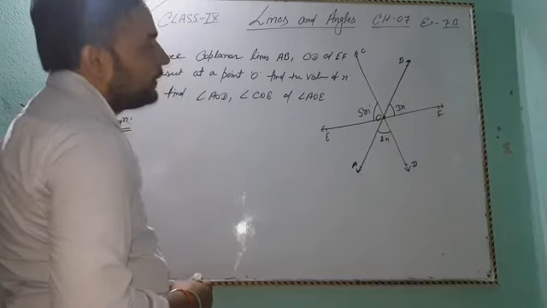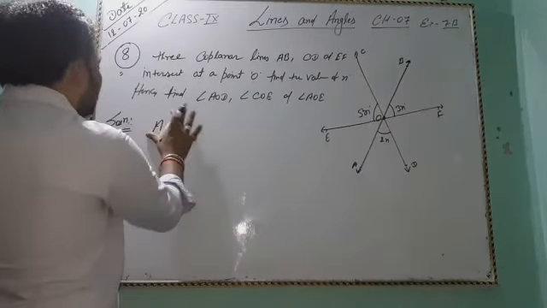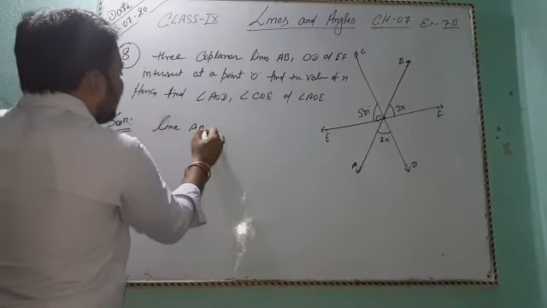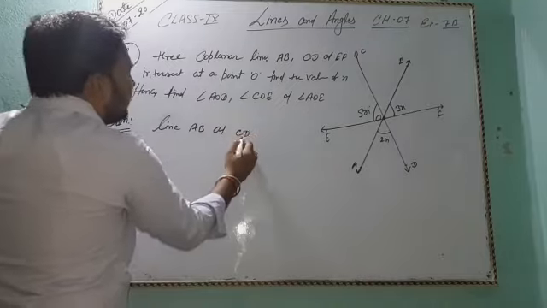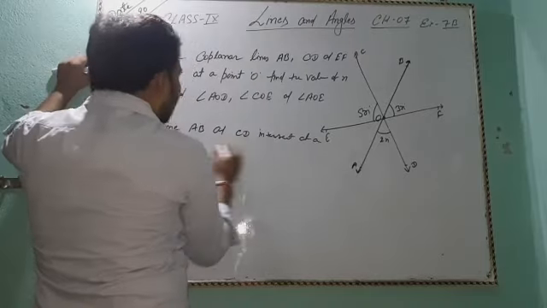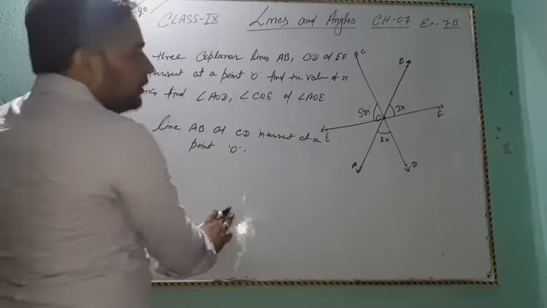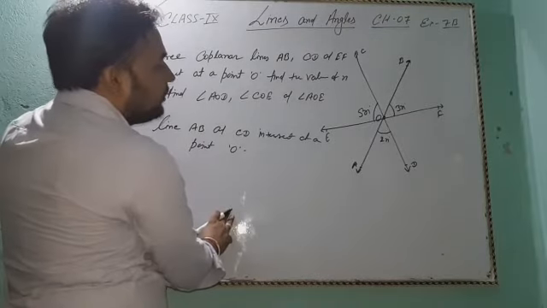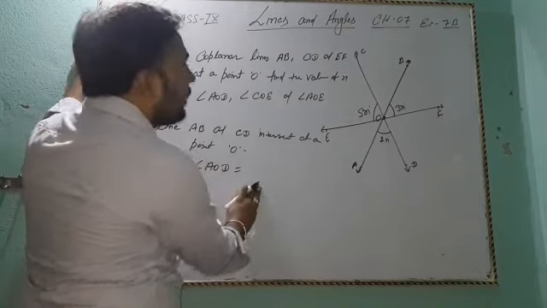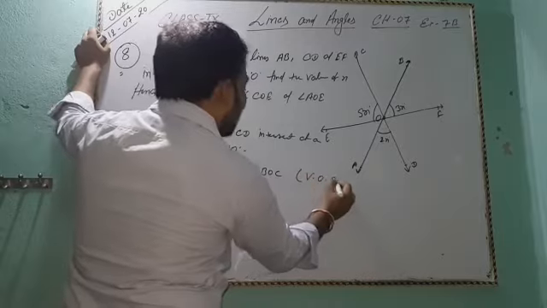Students, lines AB and CD intersect at a point O. Then angle AOD equals angle BOC, that is the vertically opposite angle.